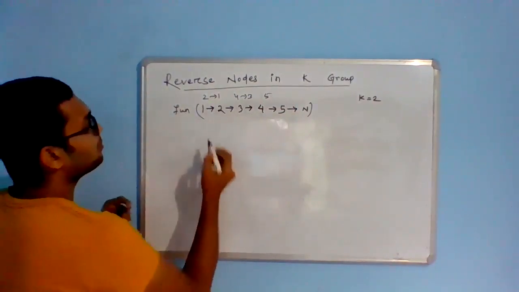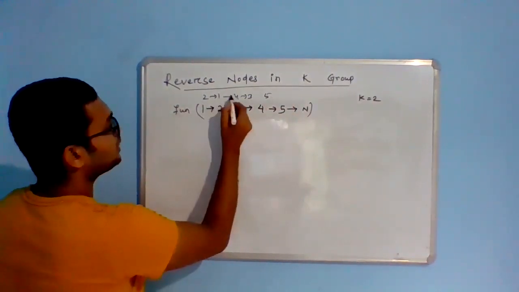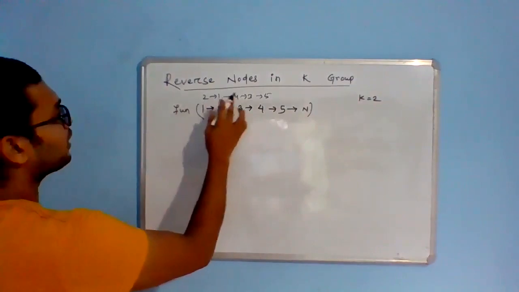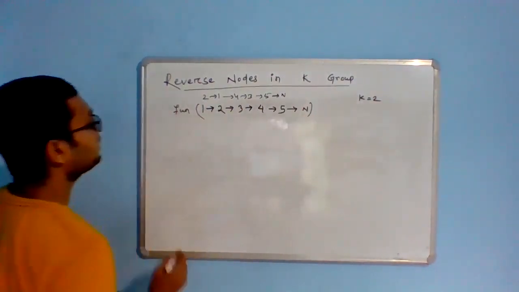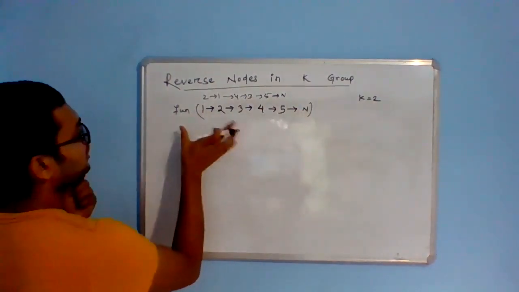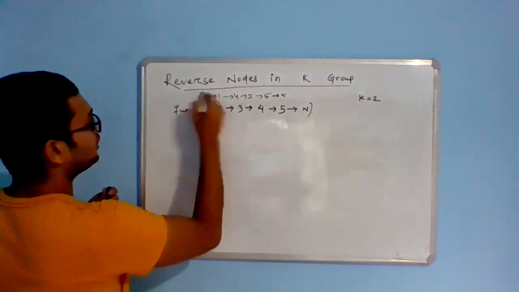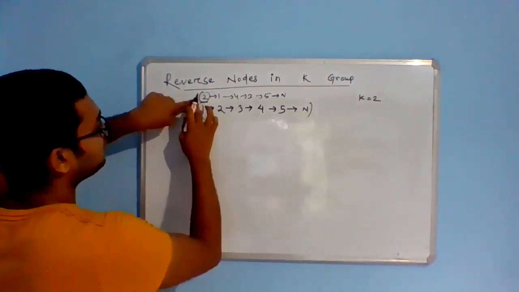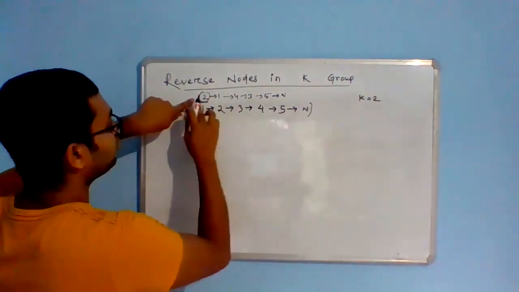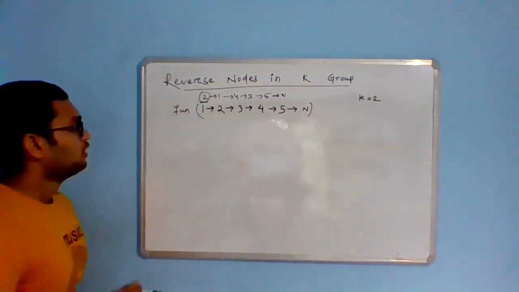If we merge all these sublists together, it should look like 2, 1, 4, 3, 5, and its next should be null. I want this function to return the head, which should be 2, connecting the entire list like 2, 1, 4, 3, 5, and null.